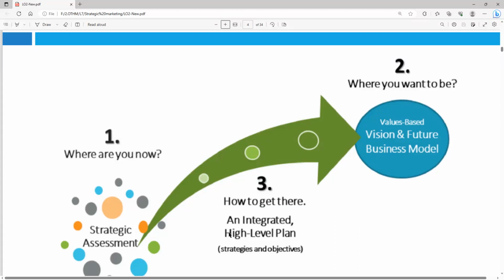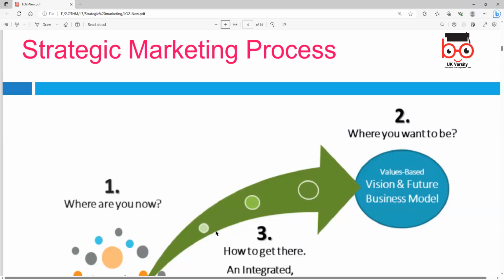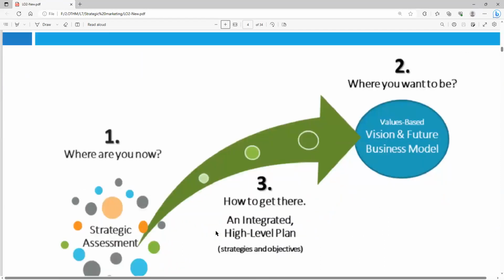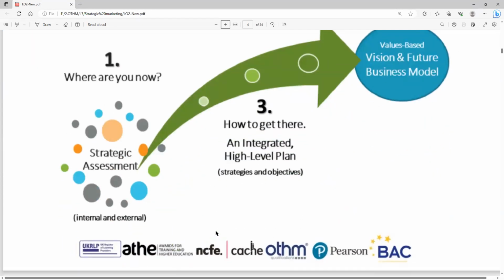So the process for strategic marketing is where we are now, where do we want to be in X number of years, for example, and how do we get there? And this will determine the marketing process and strategic marketing process.